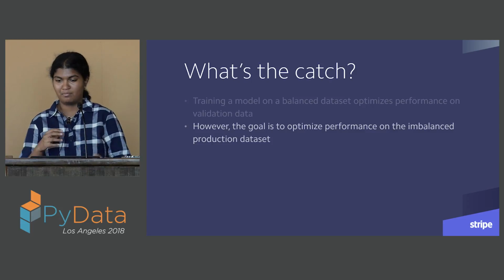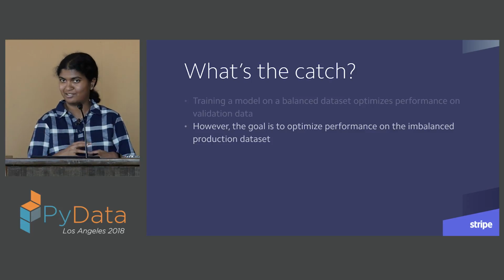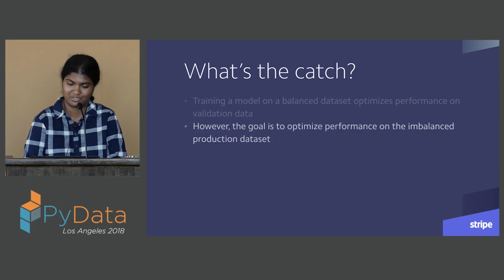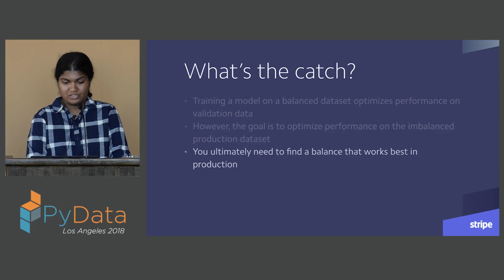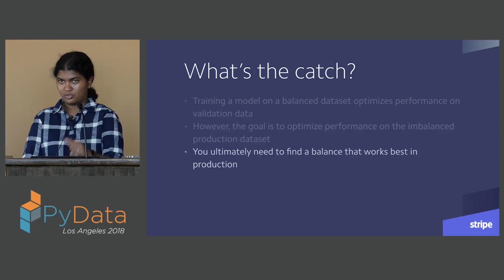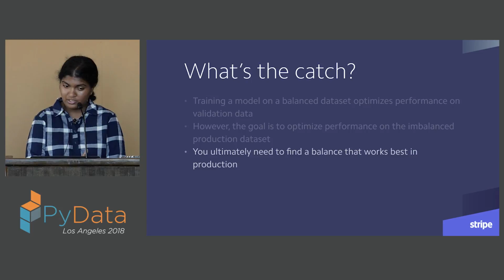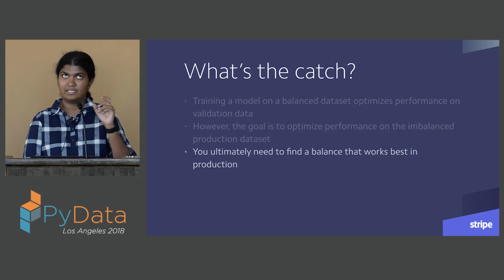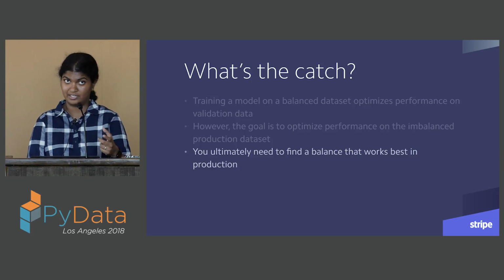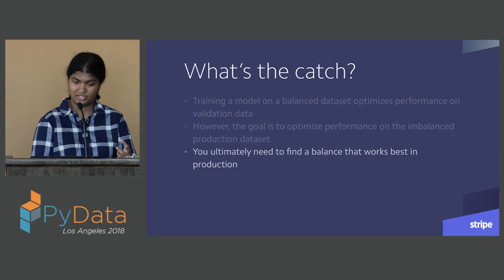There's no way for me to morph production data such that it is balanced because that's not how the real world works, unfortunately. So ultimately, when you are trying to figure out how to set up class balance for training, it's not always obvious that the class balance that works best in validation will be the same one that works best against imbalanced production data.